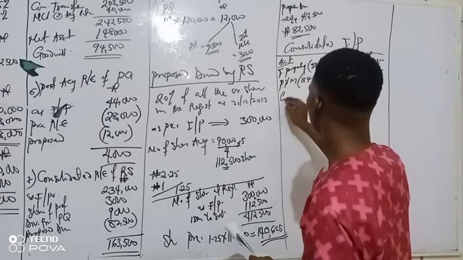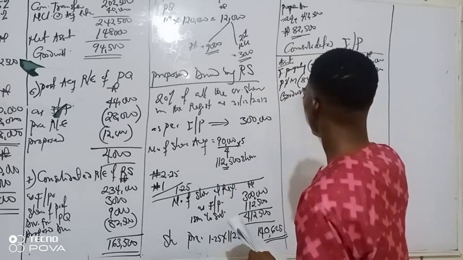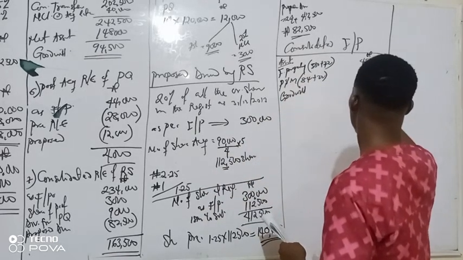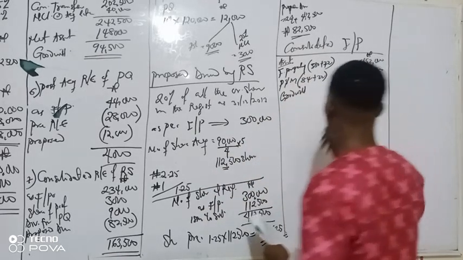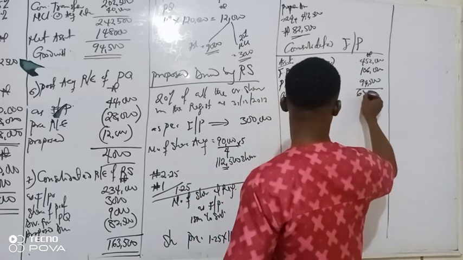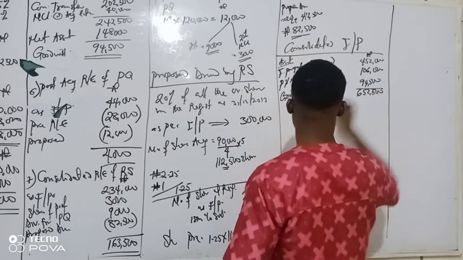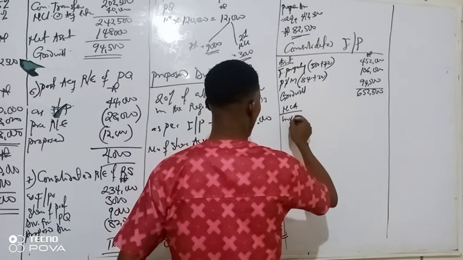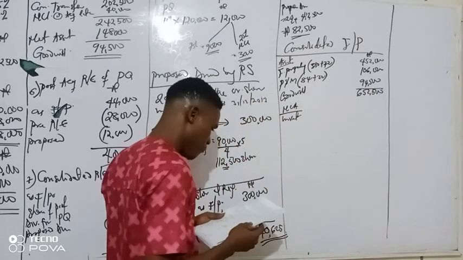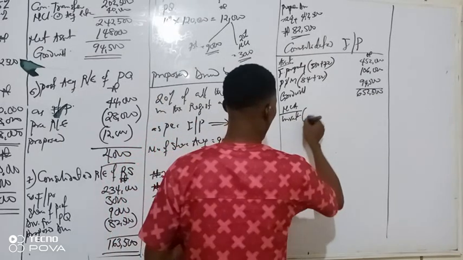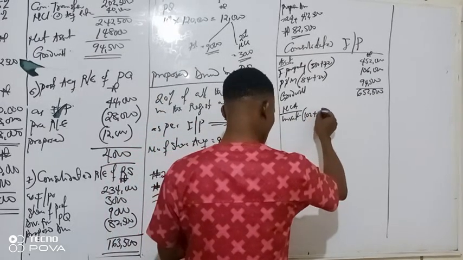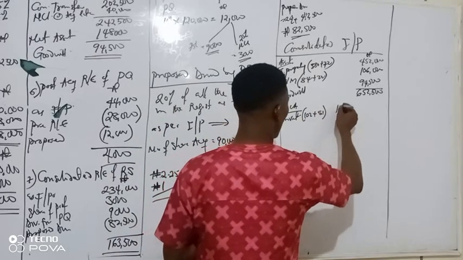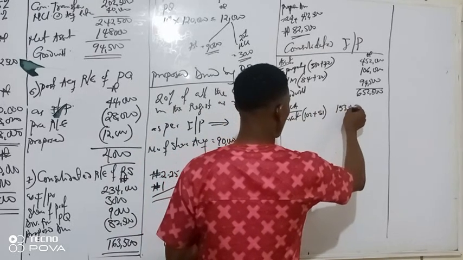Then what is next? Our goodwill: 94,500. Then our non-current assets total 652,500. Inventory: how is our inventory? 102 plus 51, so there, 153,000.